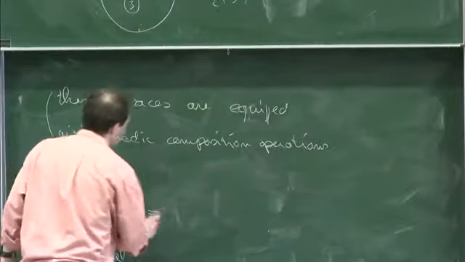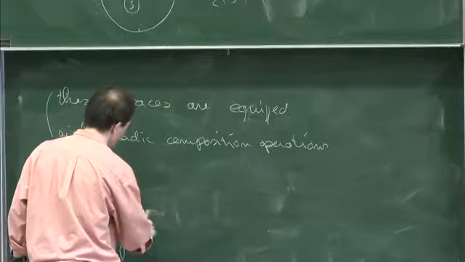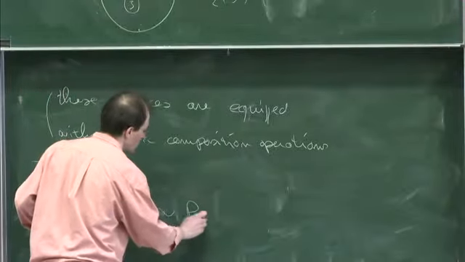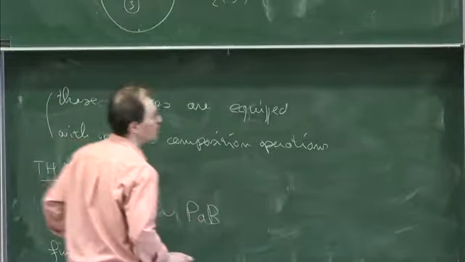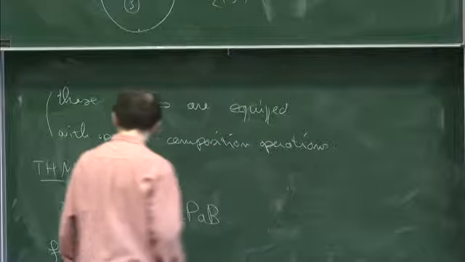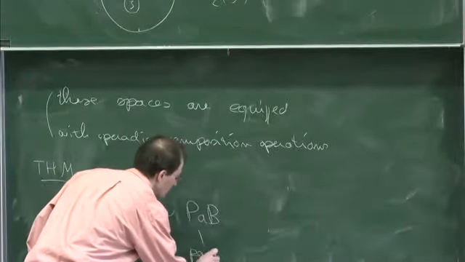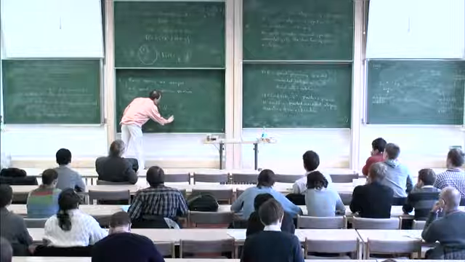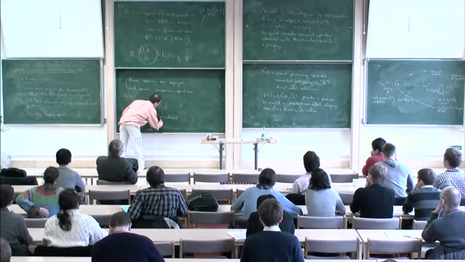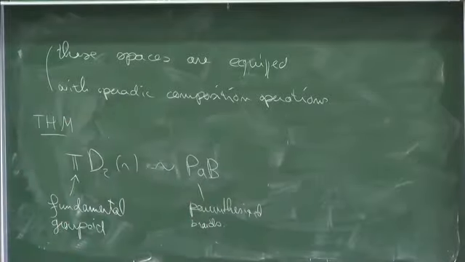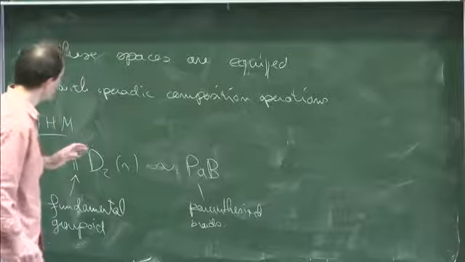You get an operad in groupoids which is equivalent to this operad, which I have denoted by PaB, the parenthesized braids.